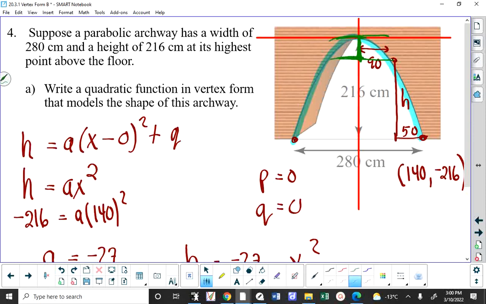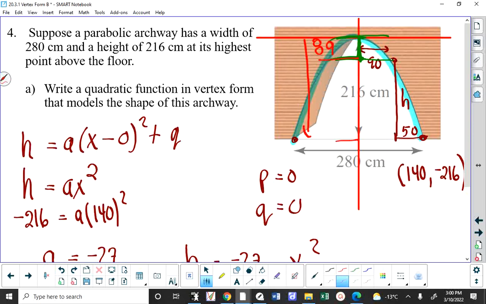That's what we have found. So that's a distance from the top to that point, which is 89. I know it's negative, but it's below, so I'm just writing 89.